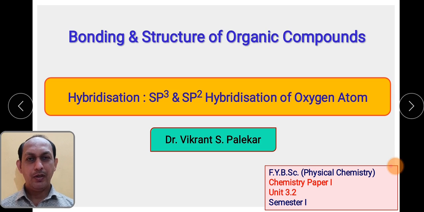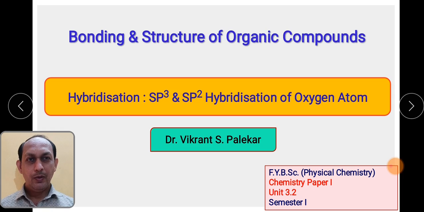Hybridization is a very important phenomenon in the formation of molecules. This concept helps us describe the structure and the bonding involved in a particular molecule. With its help, we can explain the geometry and bond angle in the molecule, and the hybridization of that molecule.